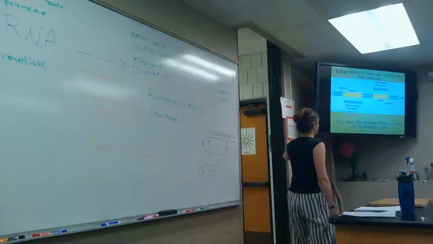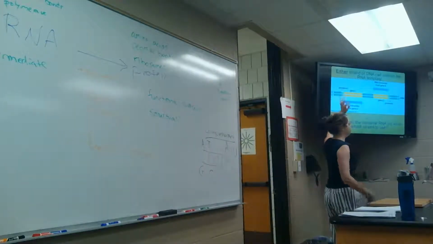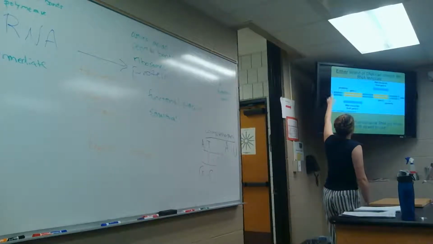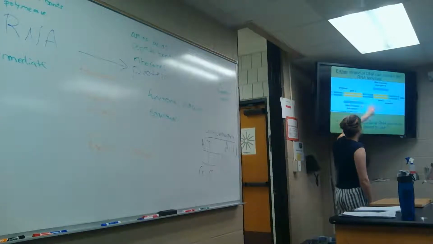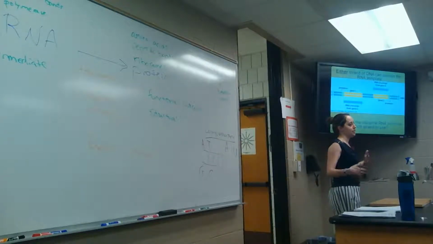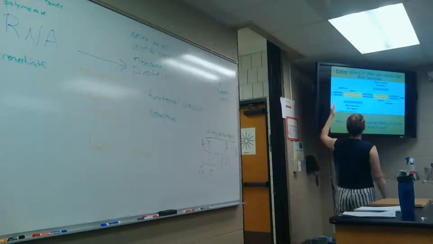So as I said a minute ago, we have two strands of DNA, and they are anti-parallel. So this image shows how you have genes going in opposite directions in the same gene.